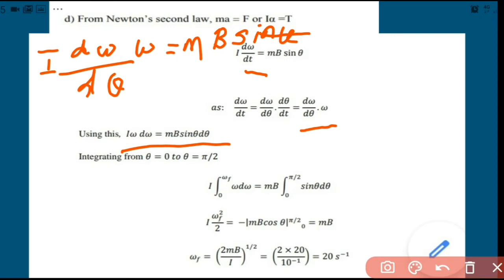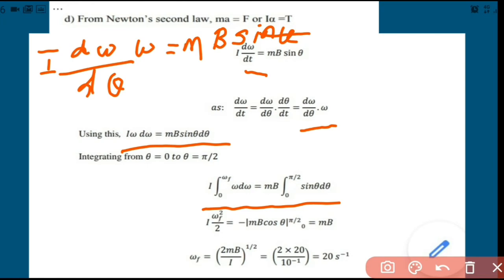Now we need to integrate this equation from theta equal to 0 to theta equal to pi by 2. When theta equals 0, omega is 0. And when theta equals pi by 2, omega is what we need to find. We call it the final angular velocity omega f. So when theta changes from 0 to pi by 2, omega changes from 0 to omega f. So the integration step is I into integral 0 to omega f of omega d omega equals mB integral 0 to pi by 2 of sin theta d theta.